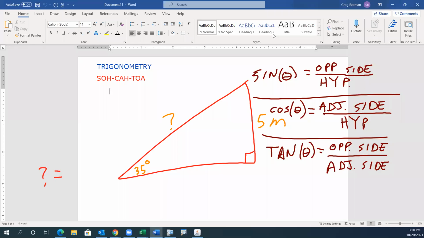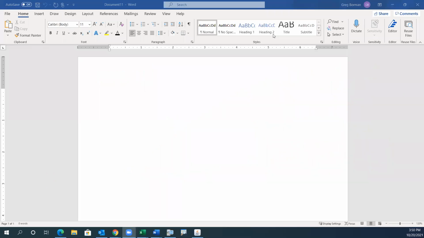All right, let's do a little bit more of this, and then we'll call it a day. Okay, how about we are looking for, let's see, it's a right triangle. We've got this 40-degree angle here.